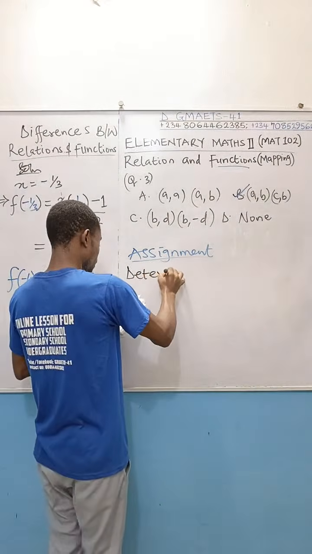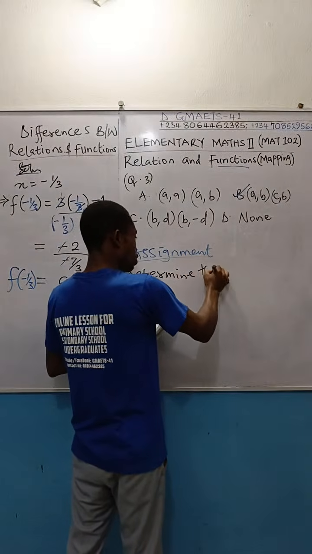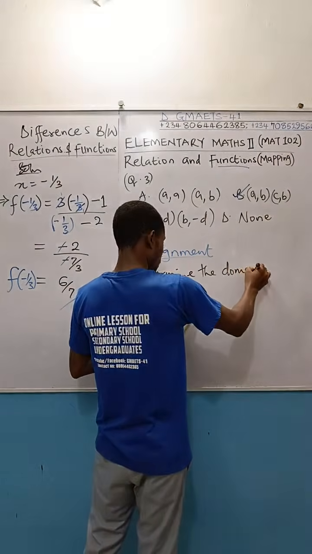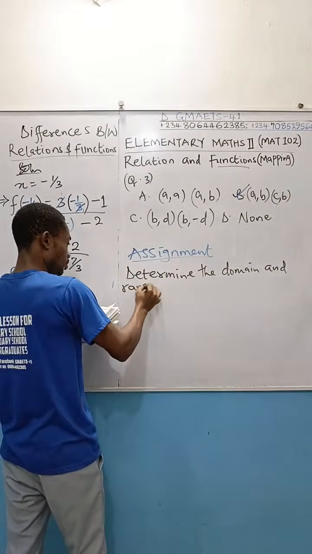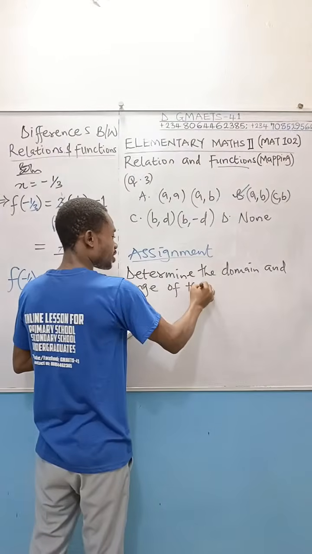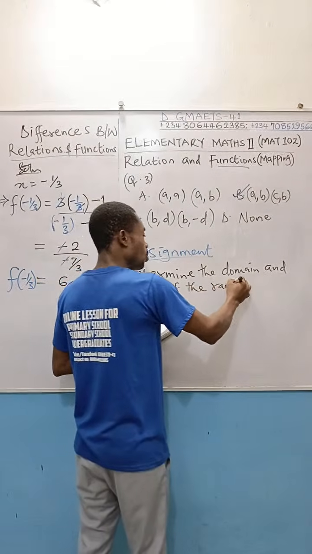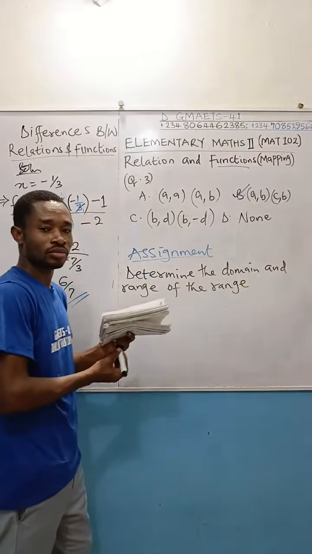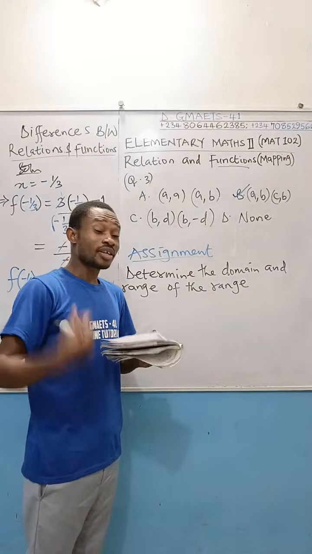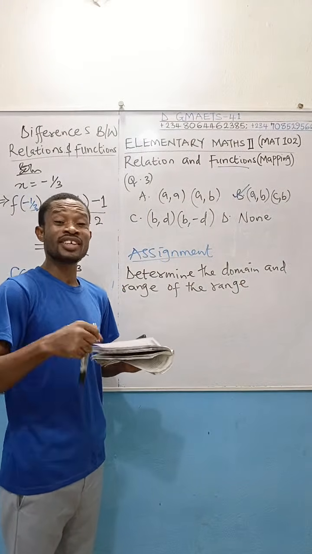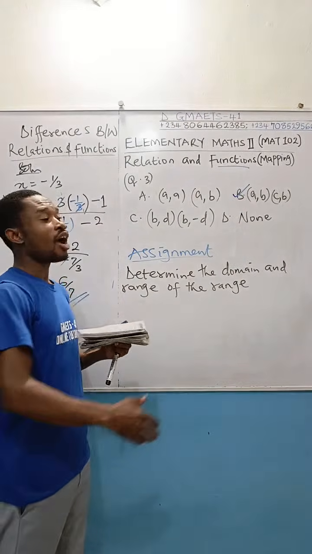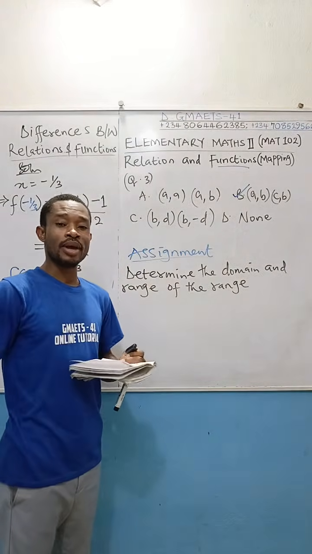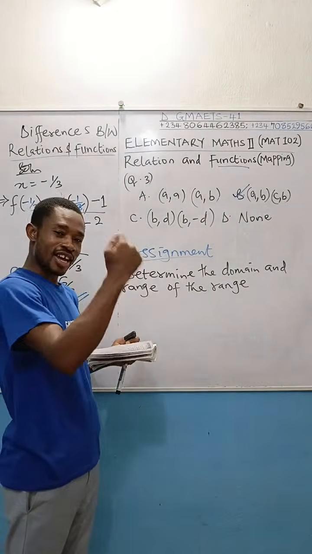Determine the domain and range of the function. I've explained the concept of domain, codomain, image, and range. And there was something we found out. It's possible for the range to be the same as the codomain, where all the elements in the codomain are an image of an element in the domain.